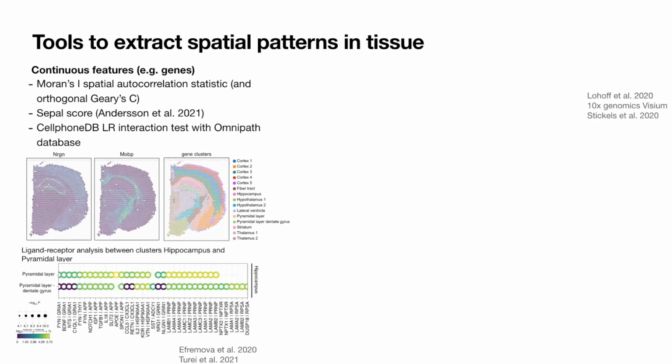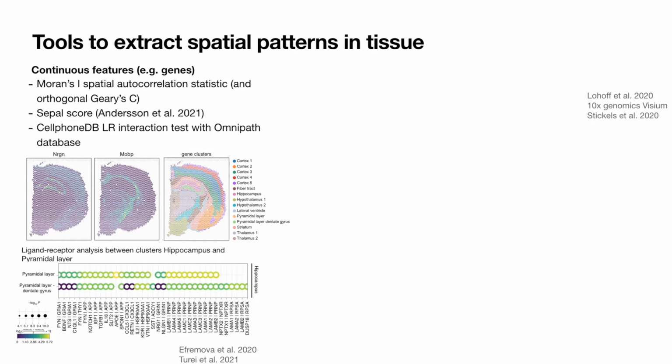Another thing you can do for continuous features is, for example, to check the ligand receptor interactions. So this is something that is maybe interesting if you want to figure out what pathways are activated in your tissue and where it varies across the tissues. And for this, we re-implemented the CellPhoneDB score for this ligand receptor interaction test.